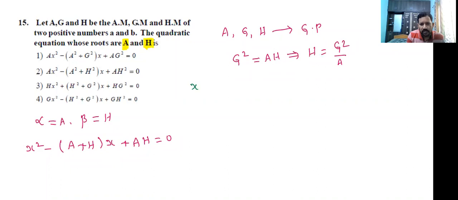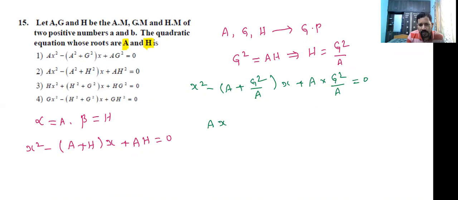Substitute in that equation: x square minus (A plus H, meaning G square divided by A) into x plus A into H, meaning G square divided by A, is equal to 0. Take the LCM.